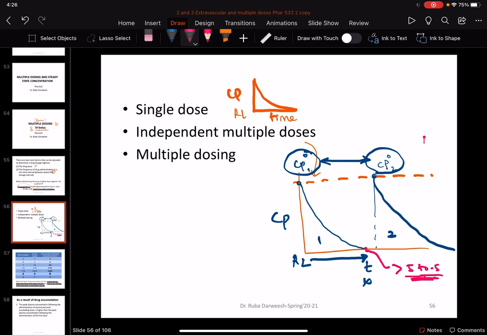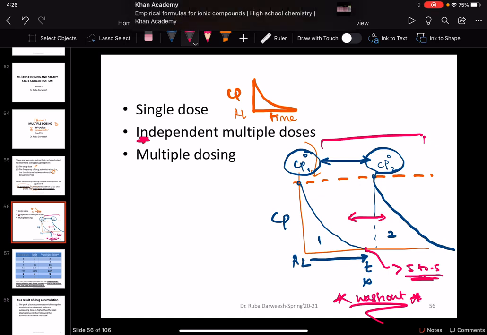In this case, we give enough time for the drug to be washed out. It's actually multiple doses, but as independent multiple doses, we still use the kinetic of a single dose for both of them to determine any of the details or parameters that we are interested in.